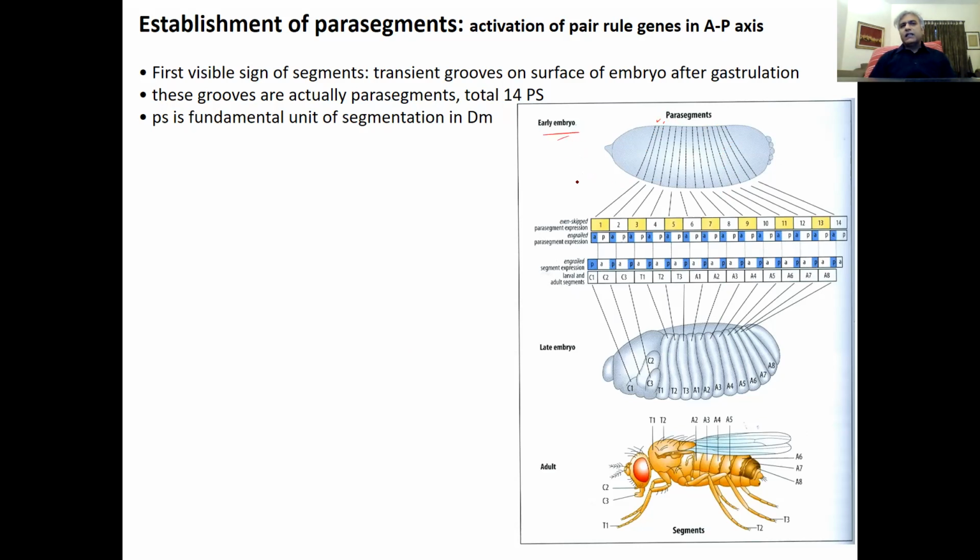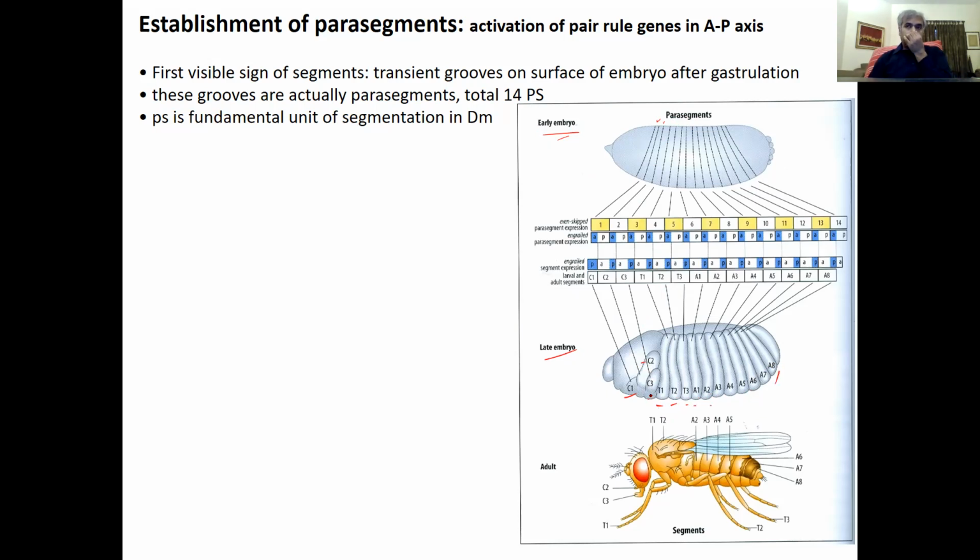So this is the early stage embryo. At late embryo, these parasegments are called segments. Here you can see C1, C2, C3, which are the head regions, T1, T2, T3, the thorax region, thorax 1, 2, 3, and abdominal segments A1, A2, all the way to A8, so total 14.